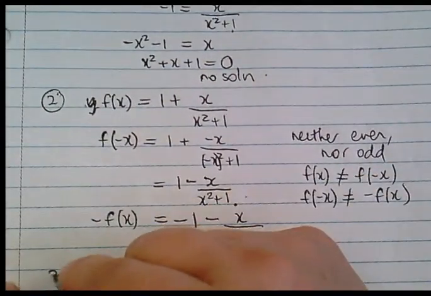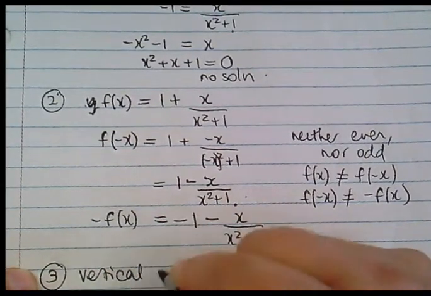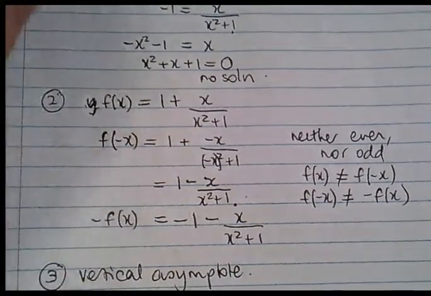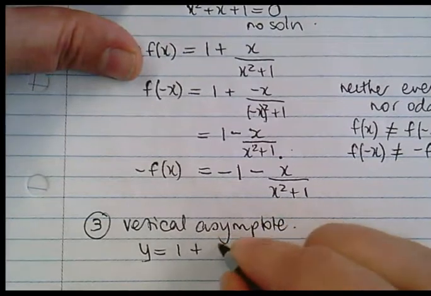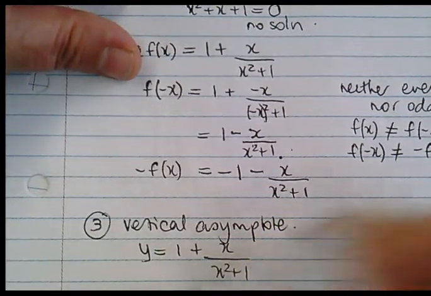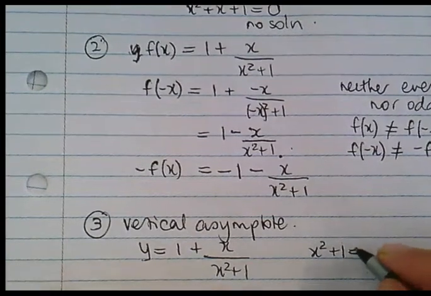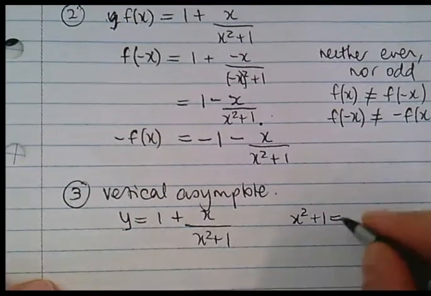Guys, look at the denominator. Let's look for vertical asymptotes. That's dependent on the denominator. All right, have a look at your function. Here it is. Y equals 1 plus x over x squared plus 1. Can x squared plus 1 ever equal 0? It can't.